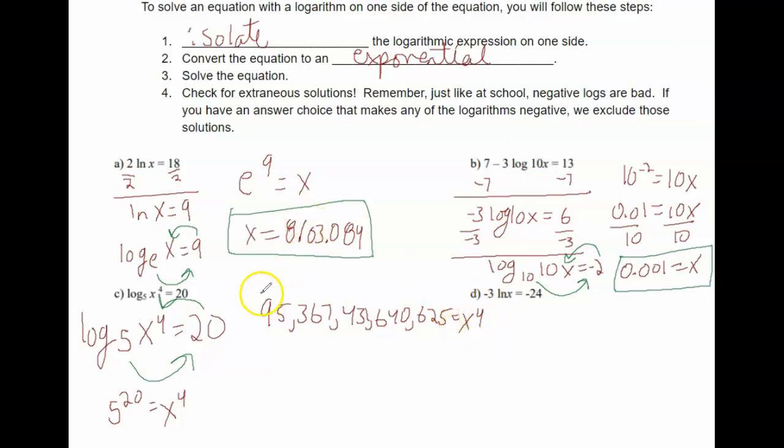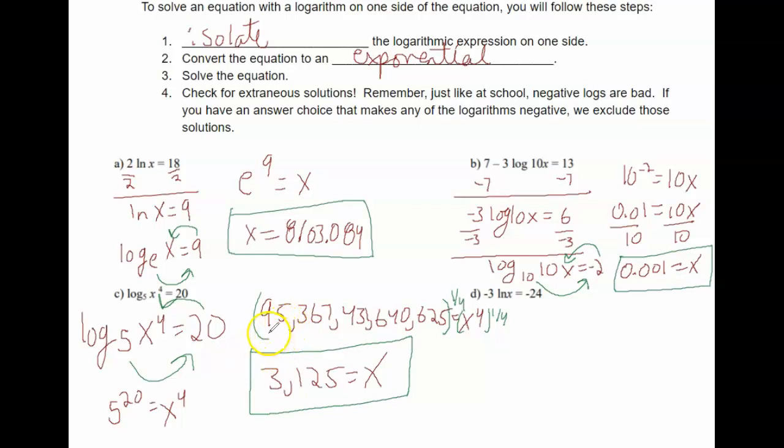I can take everything to the 4th power to get rid of that 4th. So 3,125 is what equals x.